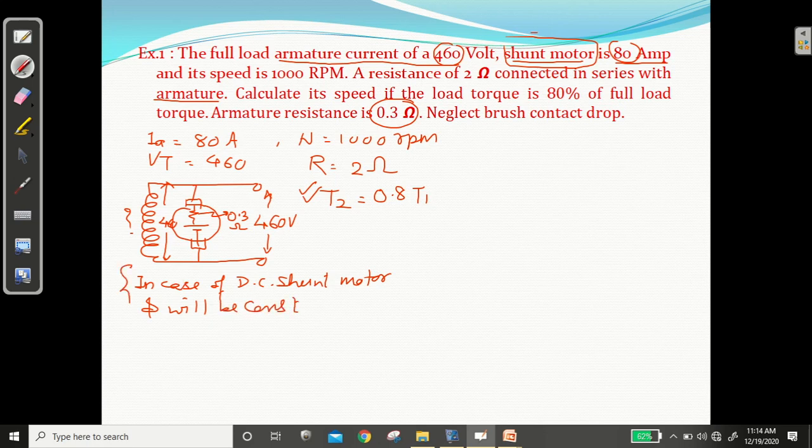Be careful about it. So even if it is not given, it will work.